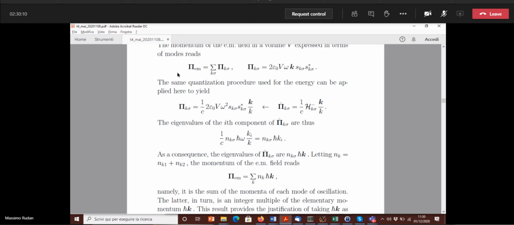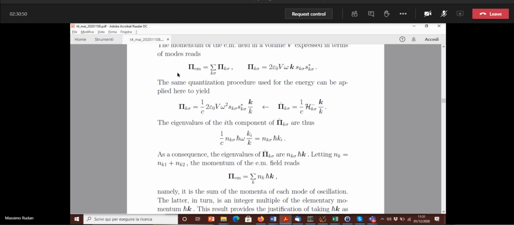In conclusion, since the operator associated to momentum is proportional to the operator associated to energy, it follows that the eigenvalues of momentum must be the same as those for energy divided by C and multiplied by K over the modulus of K. So if we do it component by component, we have that the eigenvalues of H minus, as you remember, are n times H bar omega.